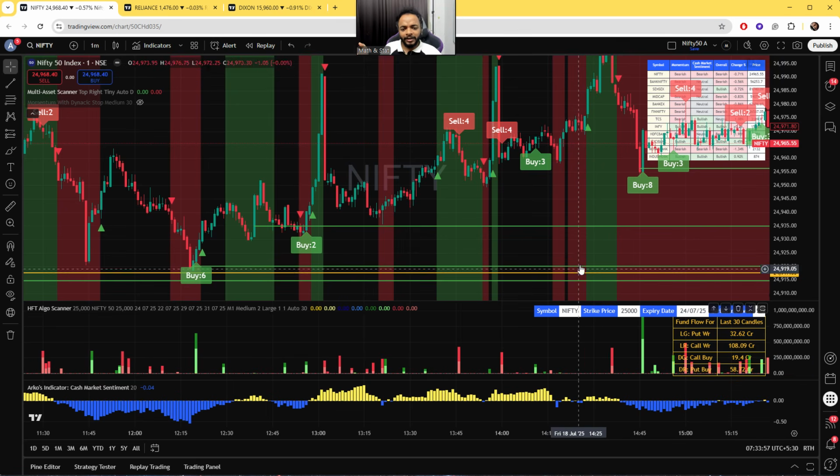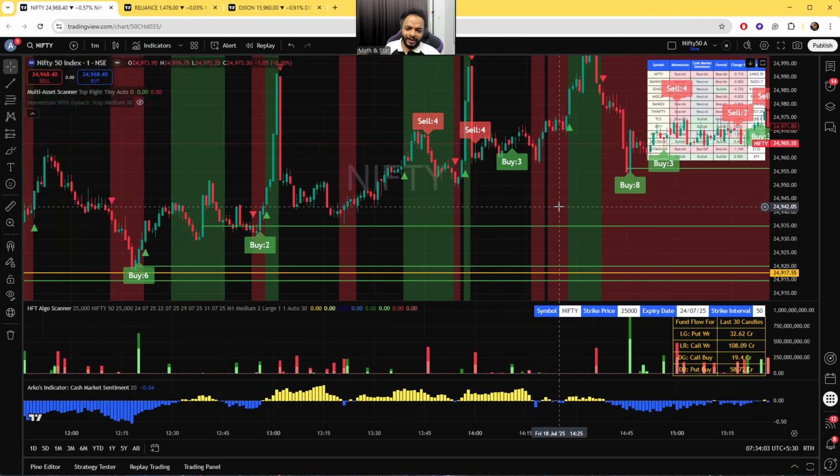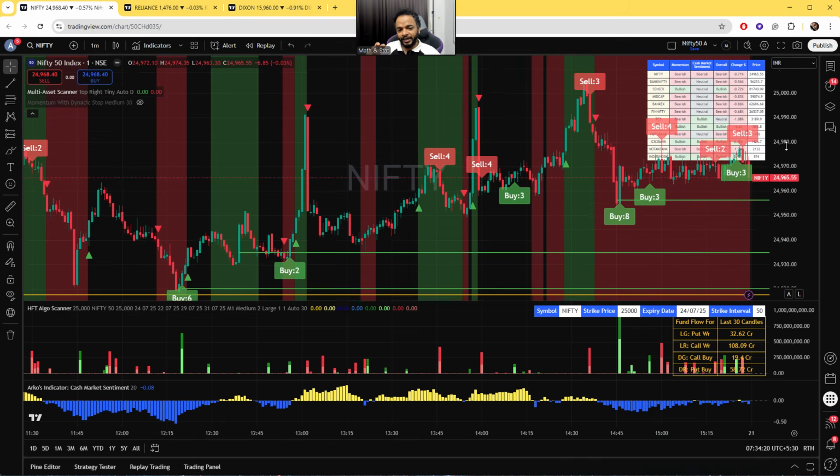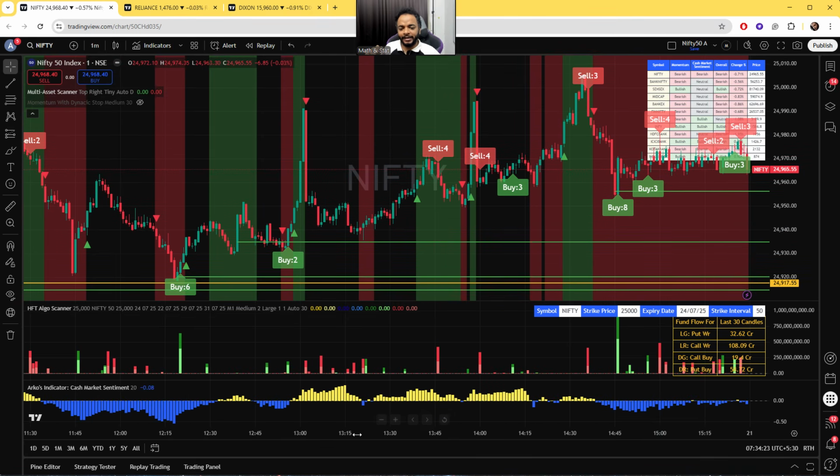Even if you want to analyze the options chart, it also has volume, so that will also work, but it is better to keep it with respect to cash, because it is based on volume, and volume tells you a lot about the cash market. The idea behind that indicator is to figure out whether smart money is present in the cash market or not. And the rest is, you can analyze your favorite stocks while being on one screen and see what is happening there.